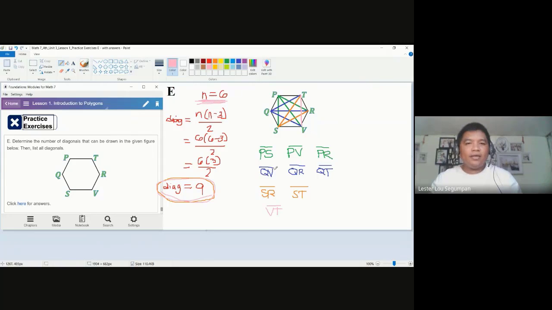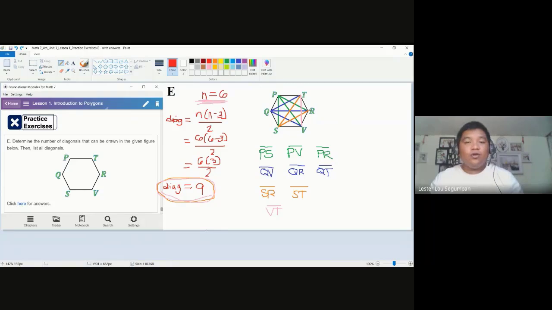Let us try to determine if there are no more diagonals as we move to vertex R. If we go to vertex R, we cannot connect it with T or V because they are the consecutive vertices. And we cannot connect it with S because we already have SR earlier. RQ is already given by QR, and RP is already given by PR.